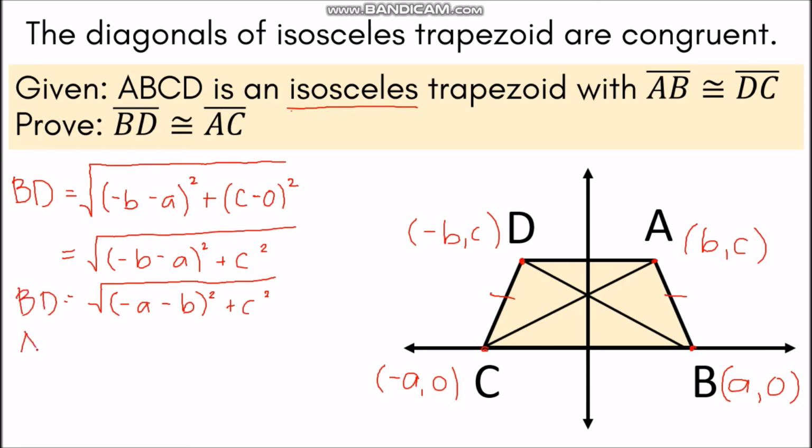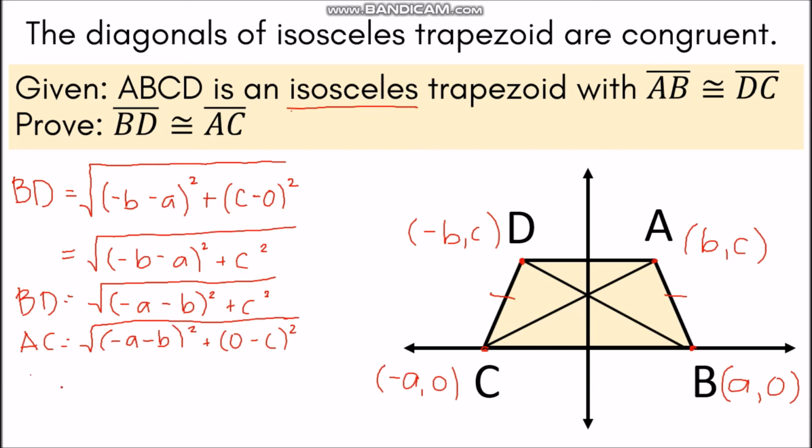Now let's solve for AC. A is my first point and C is my second point. So x sub 2 minus x sub 1, then squared, plus y sub 2, which is 0, minus y sub 1, which is c.